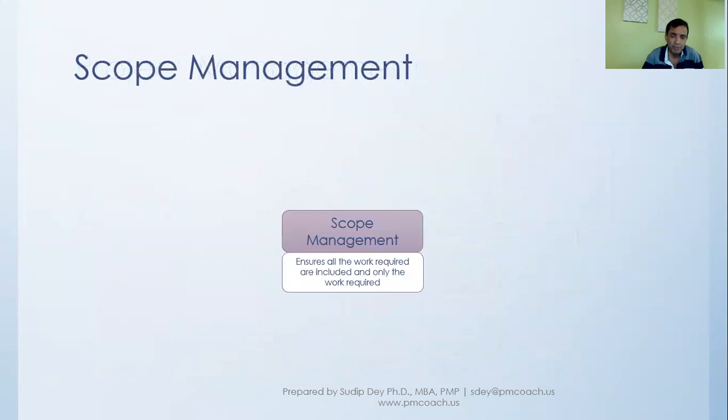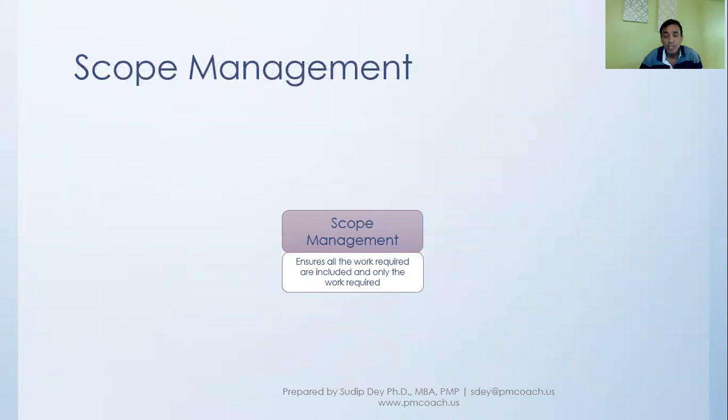Scope management, if we look at an overview and what it really means, essentially ensures that all the work required is included, and only the work required. If you look at this statement closely, you will see that there are 2 sentences here.